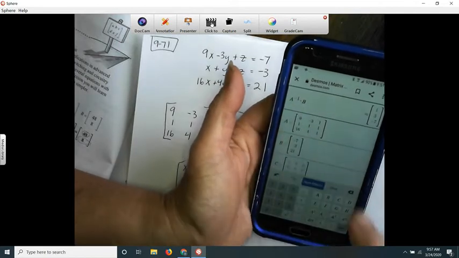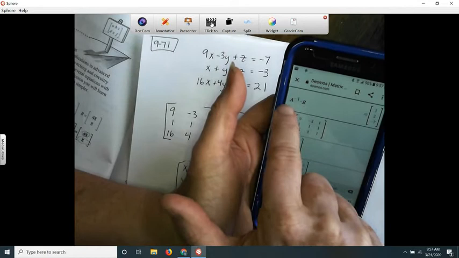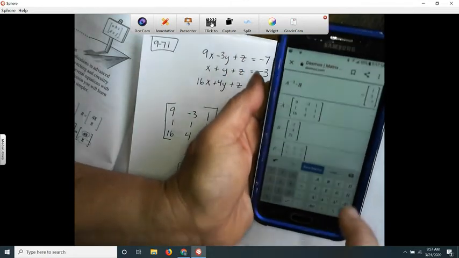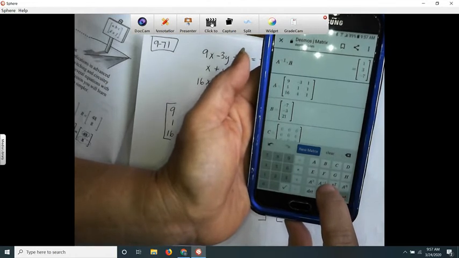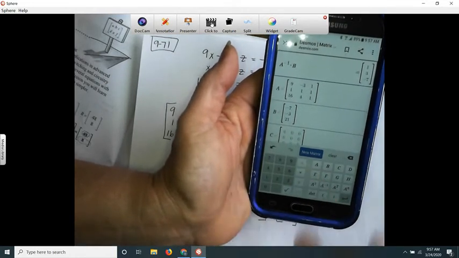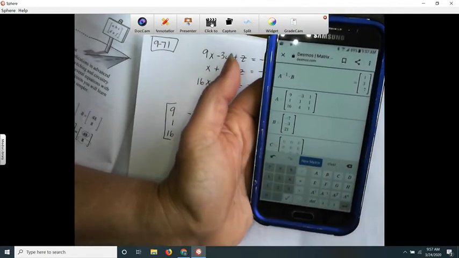A inverse times B. I clicked the A, then the A inverse, then the times button, and then I clicked B, and it gave me the answer right away like that.